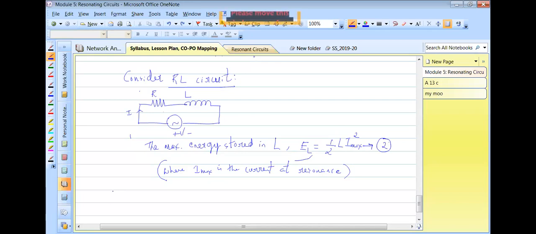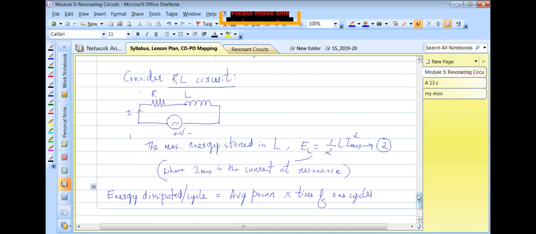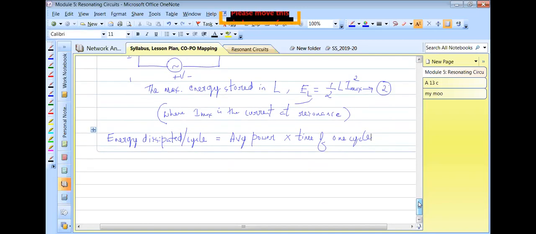The energy dissipated per cycle is given by the average power into the time of one cycle.